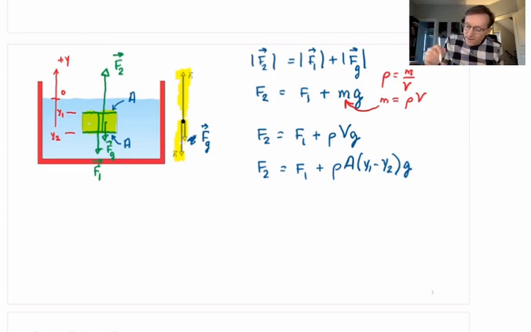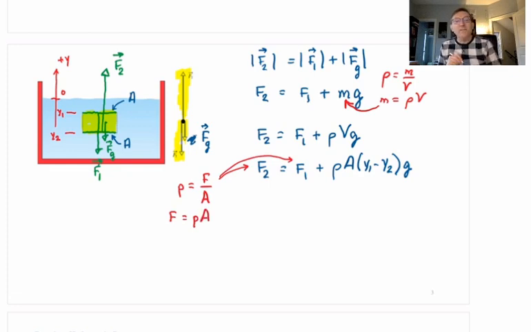All right. Next, we use that pressure, that's a P, not a rho. Sorry about how those symbols look very similar. Pressure is force per unit area: the total force on a surface divided by the area on which it acts. I'm going to use that in both of those force expressions, because all I have to do is rearrange and say I can think of force as pressure times area.